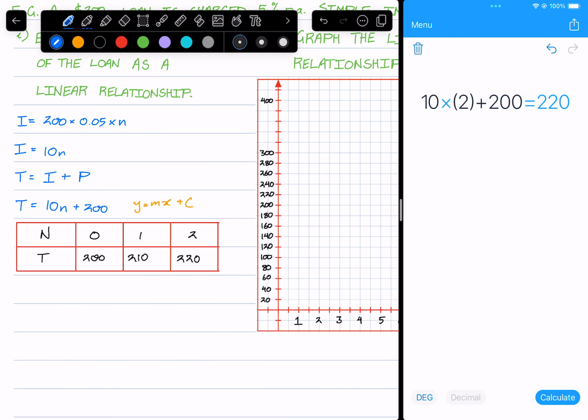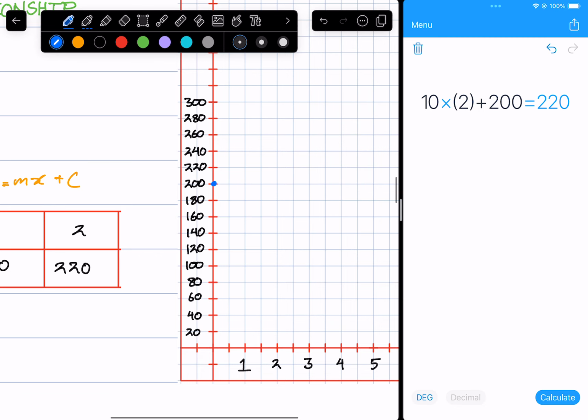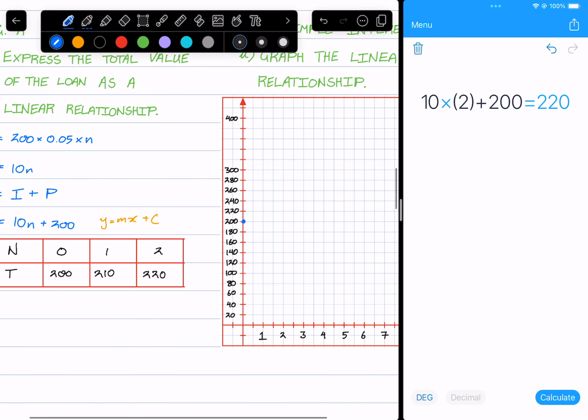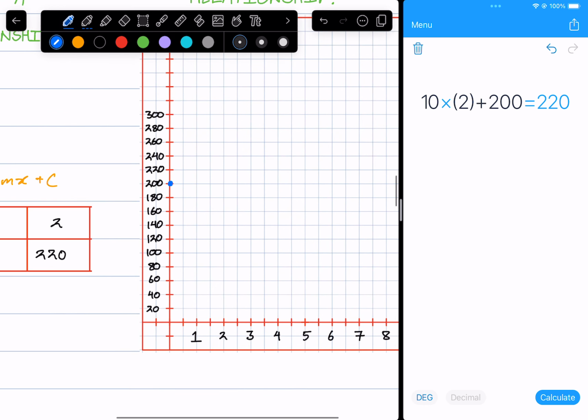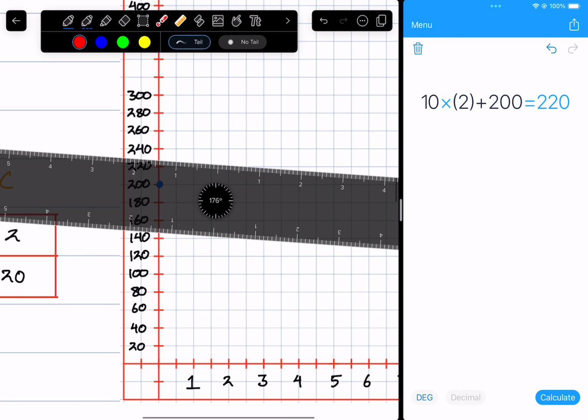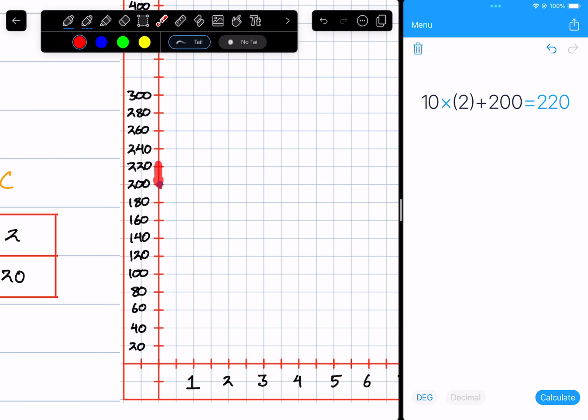So notice how we are actually starting all the way up here. In 1 year, it is 210. This one's a little bit harder to graph, so it should be halfway between these 2 points. But since we can't find exactly halfway, we'll just estimate it. It looks to be about here.